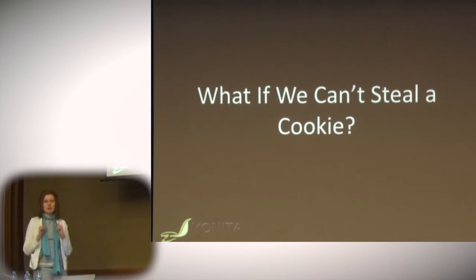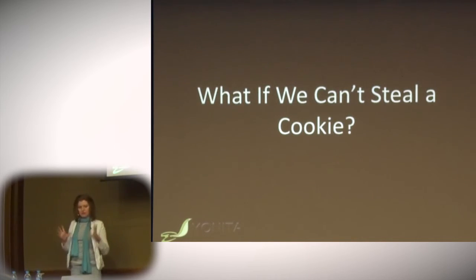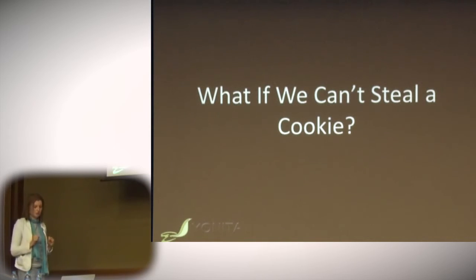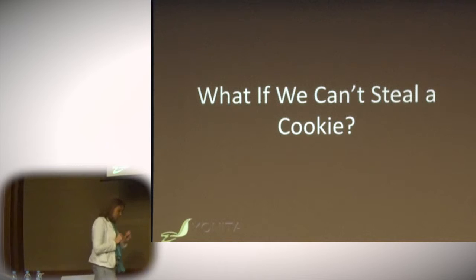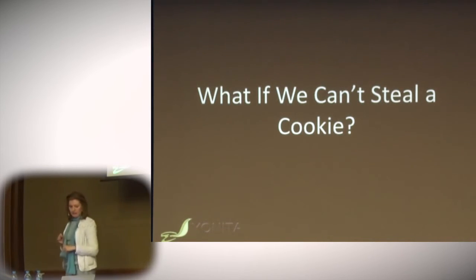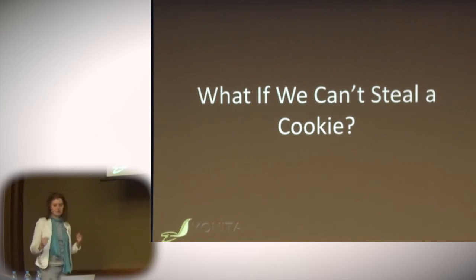And it's time for the last demo. So what if we can't steal a cookie? We've turned on the HTTP only flag, so our cross-site scripting vulnerability can't be exploited so easily. So what can we do when we can't steal a cookie?